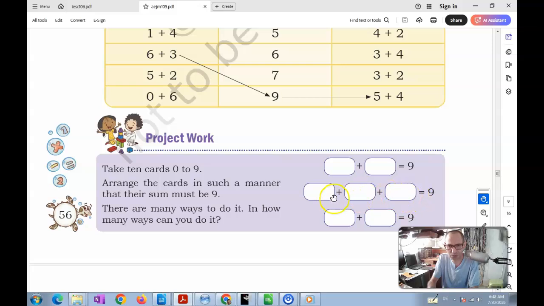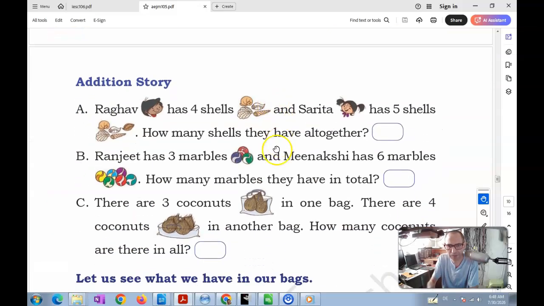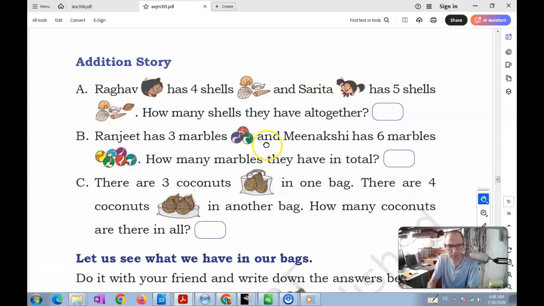Or you can even go for 3 numbers for a number. You can call it not a pair, but a triplet. So then, for example, a 9 would be 2 and 5 and 2, or 1 and 5 and 3, for example. You can put all of those together to make a 9, and so on and so forth, right? And that's basically that.